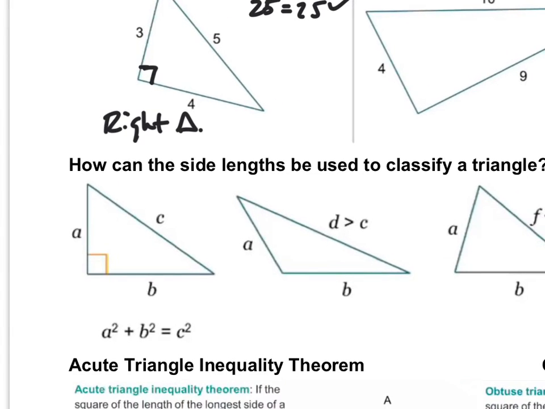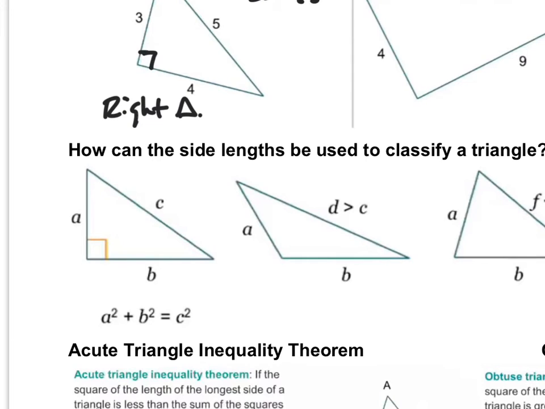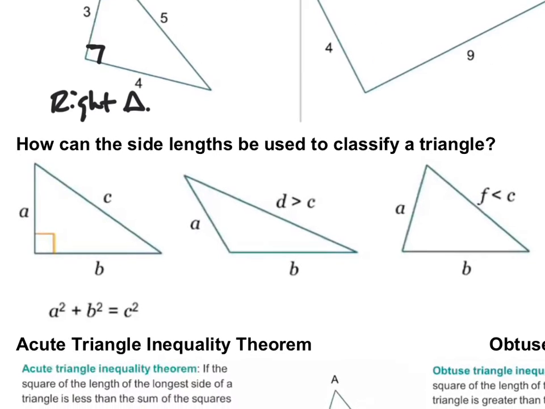So, how can side lengths be used to classify a triangle? If a squared plus b squared equals c squared, then it is a right triangle.